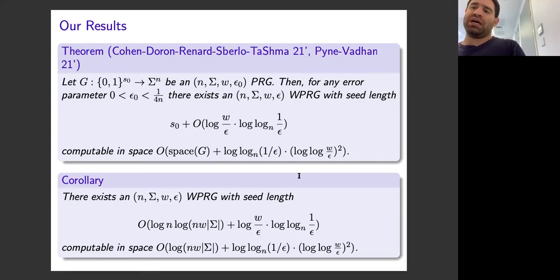And if you use this error reduction with known PRGs such as the INW or the Nisan generator, we actually handpick which one to use, you basically reproduce the parameters of Braverman, Cohen, and Garg, Chattopadhyay and Liao, and the Hoza-Zuckerman hitting set generator. Yeah, so this is the main result, this error reduction.